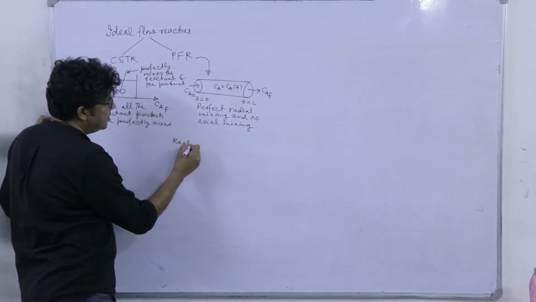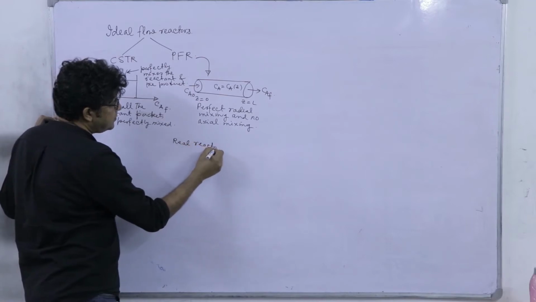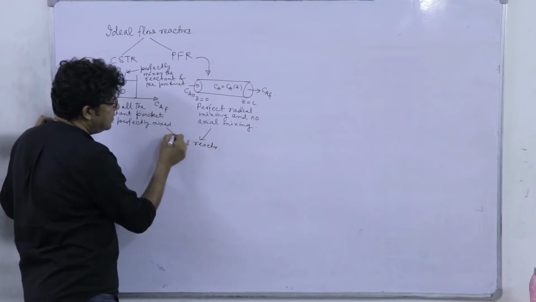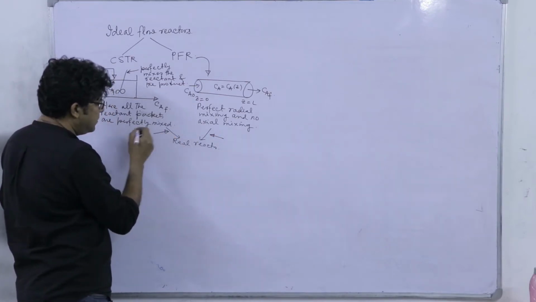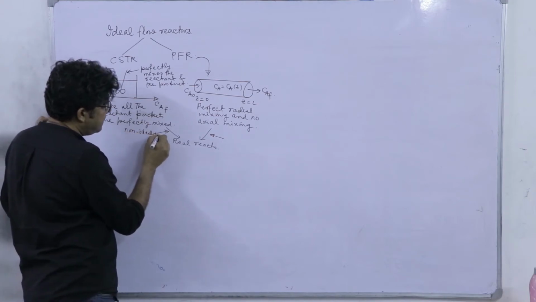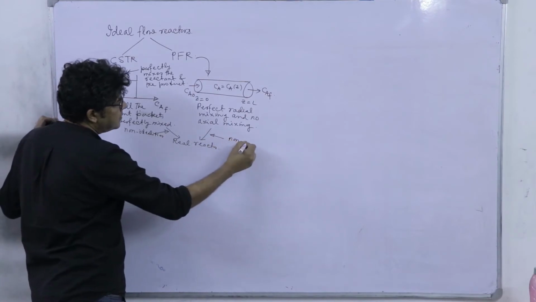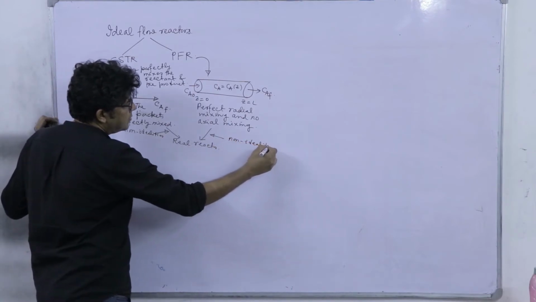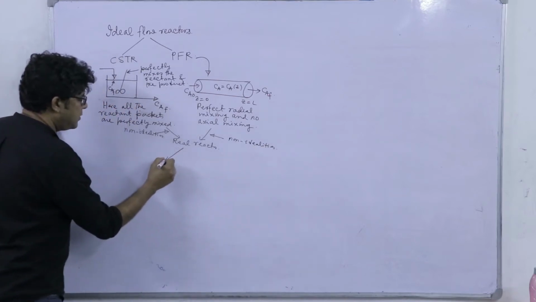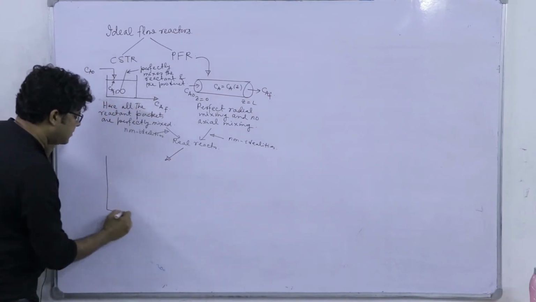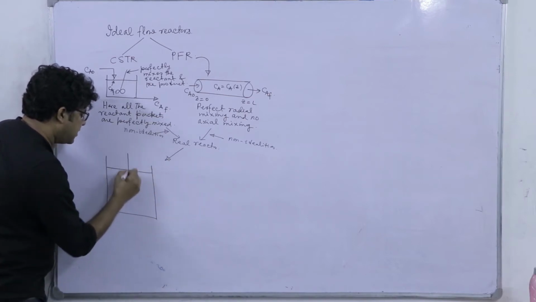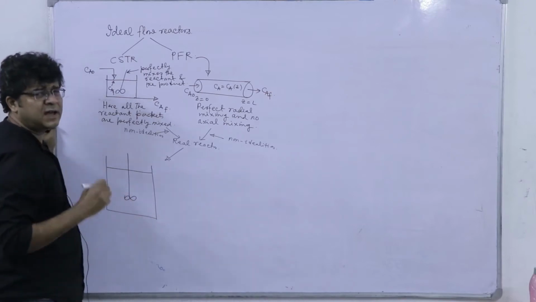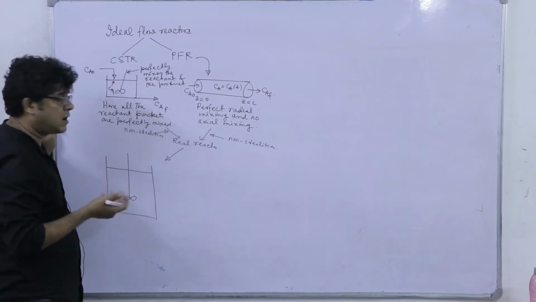Now, in a real reactor we have non-ideality creeping in. So, what are the non-idealities? Right. So, here you think of a tank reactor and we have a stirrer which is definitely high speed, but it is not perfectly mixing the contents.